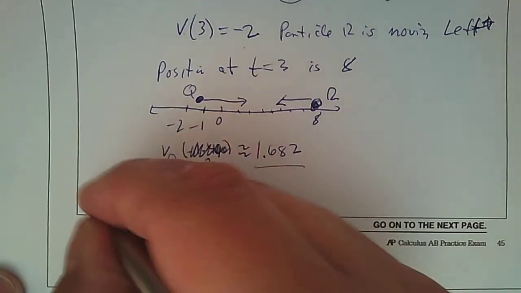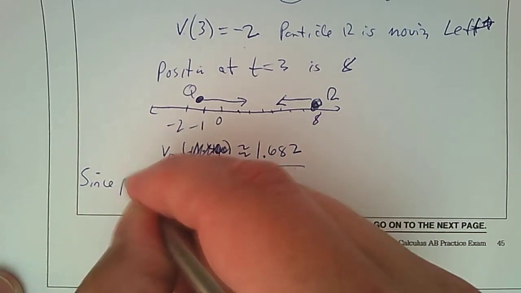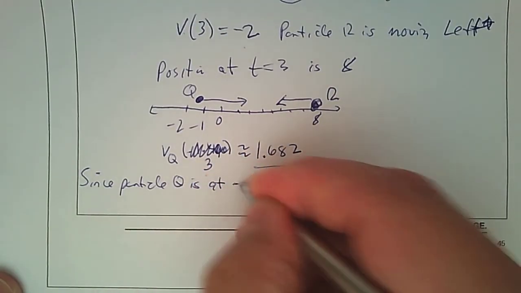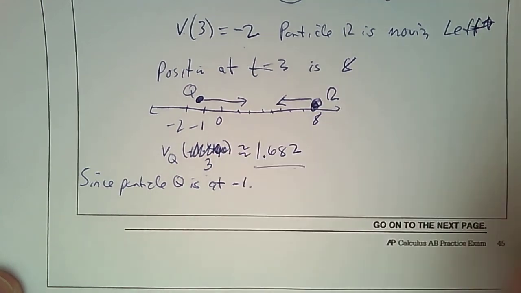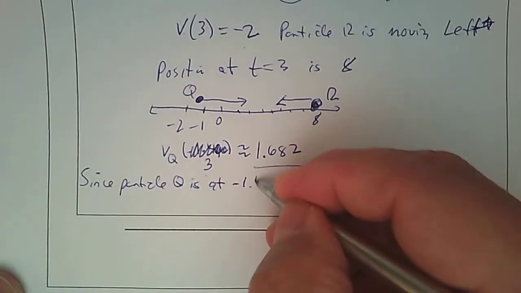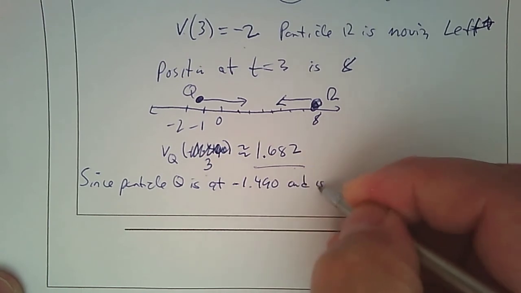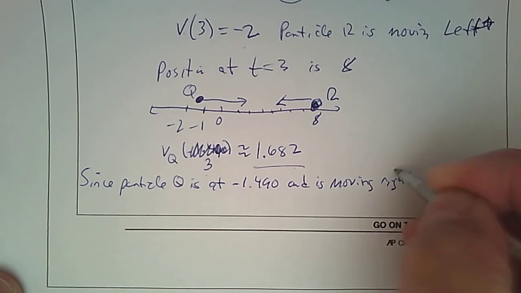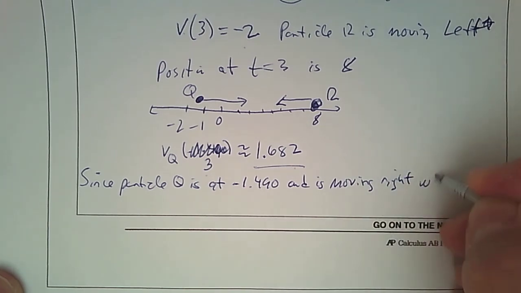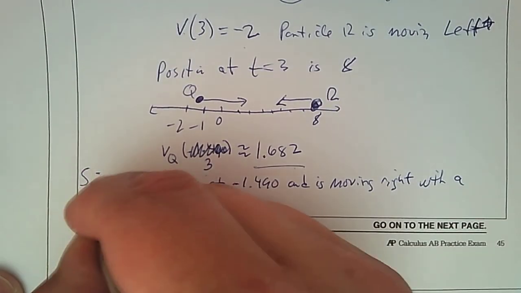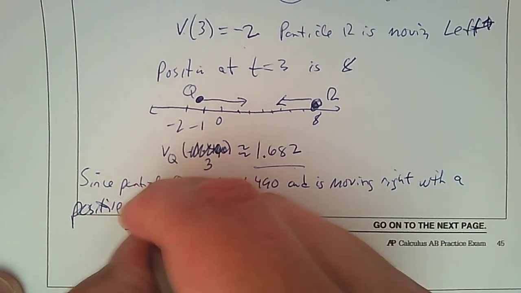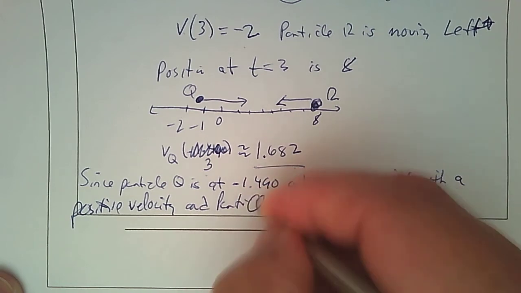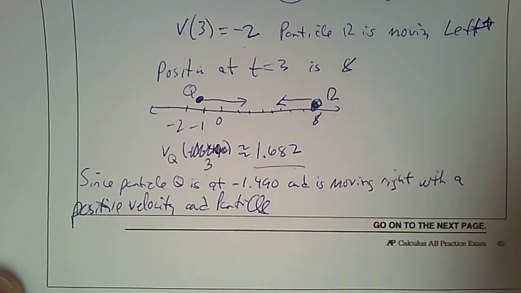So let's write this sentence down. Since particle Q is at negative 1.490 and is moving right with a positive velocity, and particle, what's the other one?